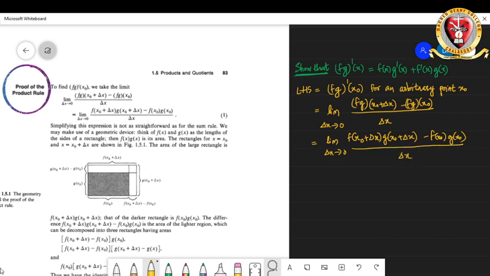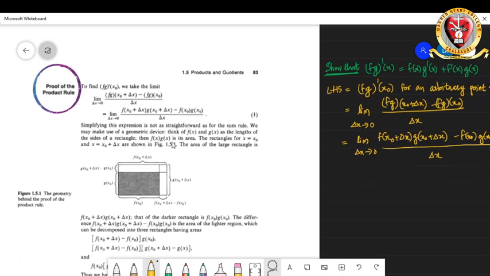So that is neatly shown here. And now we have to get an expression for the numerator. We are taking the numerator now, and we are going to express it in some other terms.